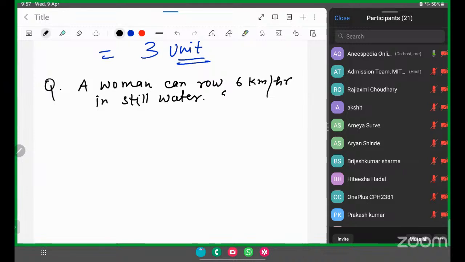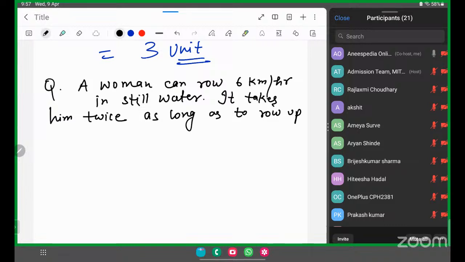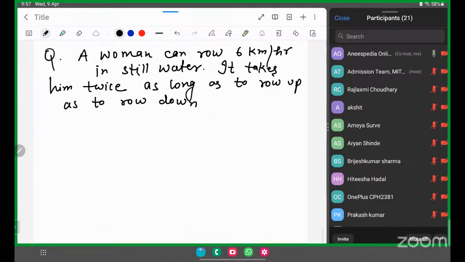It takes him twice as long to row up as to row down the river. Find the rate of stream.